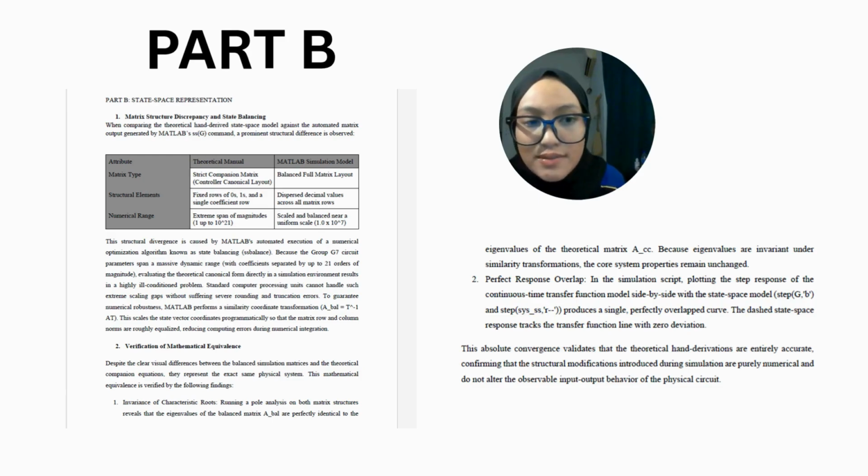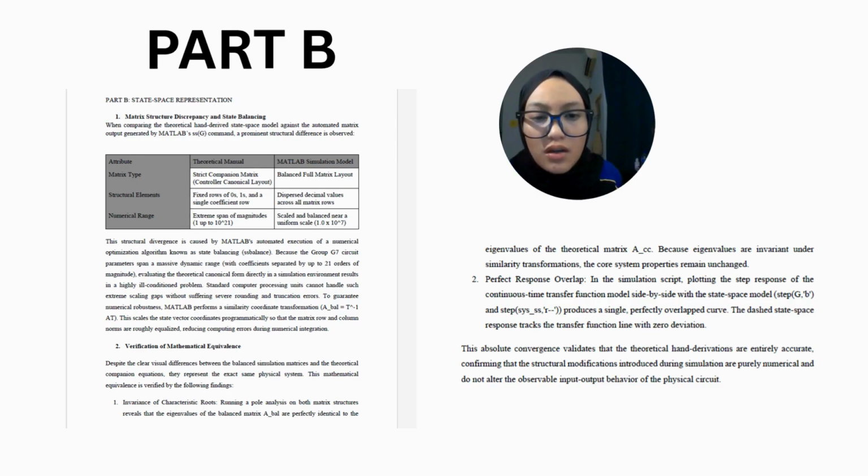As displayed, our state space eigenvalues match our transfer function poles exactly, falling at S1 equal to negative 1.7436 times 10 to the power of 7, S2 equal to negative 2.4210 times 10 to the power of 6, S3 equal to negative 3.000 times 10 to the power of 4, and S4 equal to negative 3 times 10 to the power of 3.